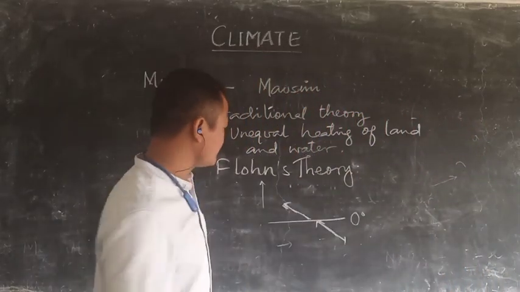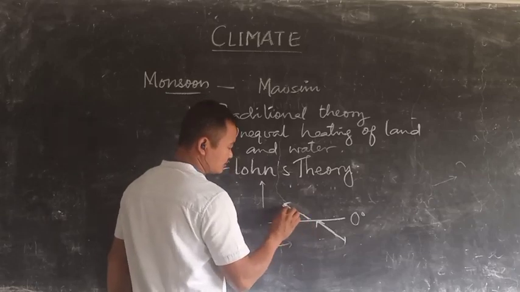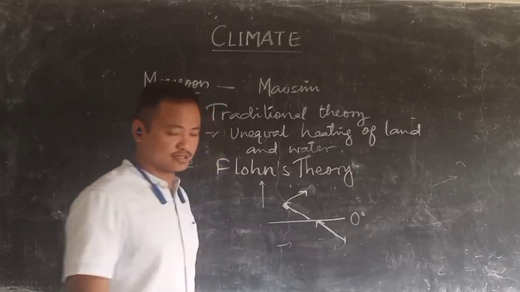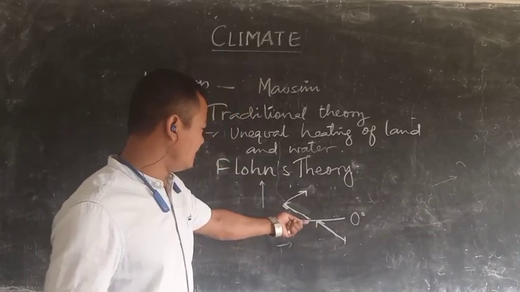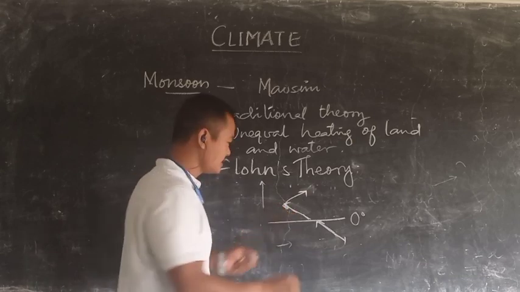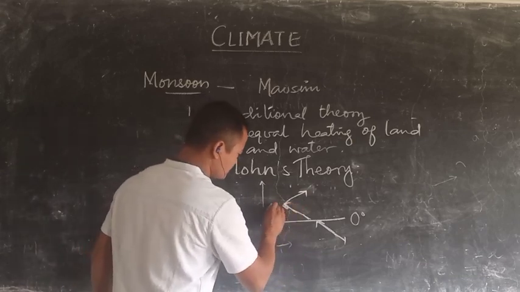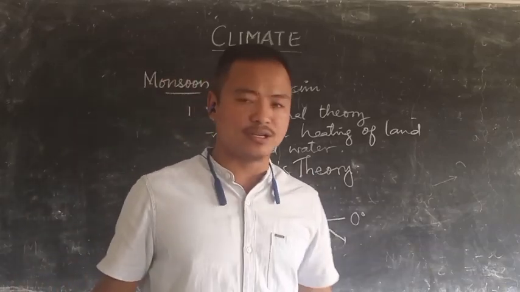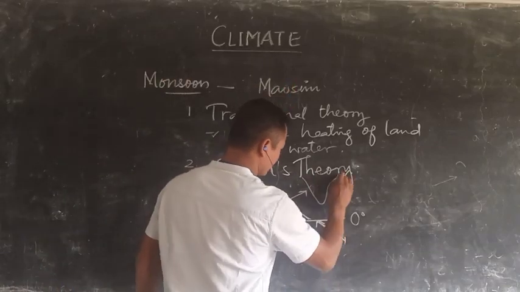Now, as soon as it enters the northern part of the globe, the southeast trade wind, owing to the rotation of the earth, changes its direction. Above 0 degree, instead of flowing as the southeast trade winds, it changes its direction to southwest. And this is how the southwest wind originates. And you see India is located here like this.